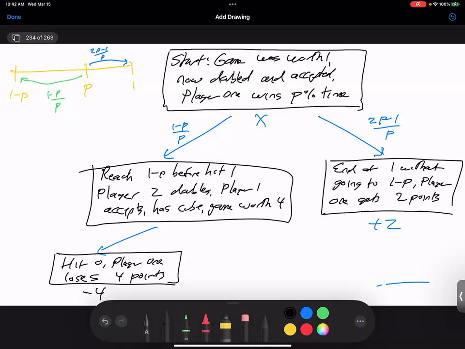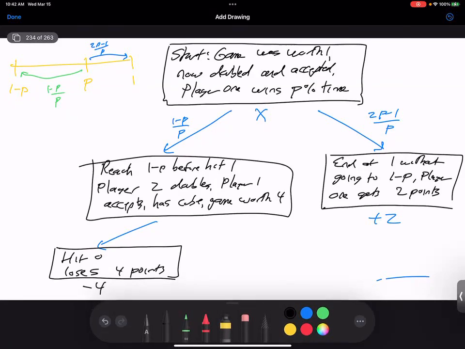So what's the probability? And this is, we hit 0 before we hit P, right? Because once we hit P, then player 1 will double. So we'll assume we never hit P, we hit 0, player 1 loses 4 points.